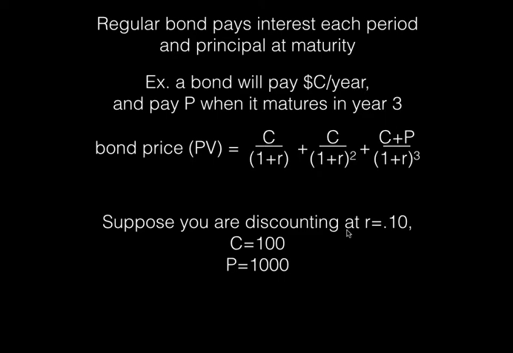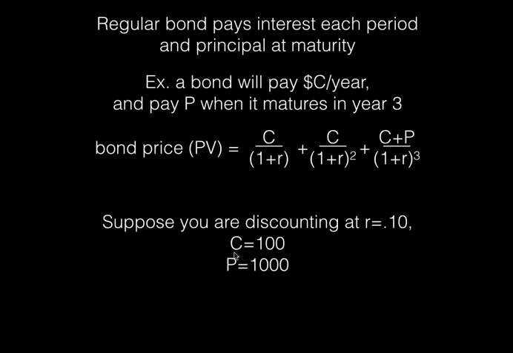So if I assume that we're using an interest rate of 10%, and remember this is basically a market interest rate, so other bonds of equivalent risk might be earning 10%, or I could buy some other asset that earns 10%, and so that's what I want to use to discount these future payments, because that's the alternative I could be earning.